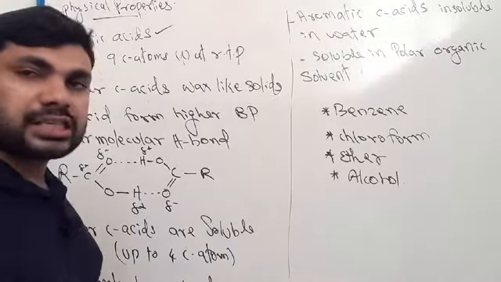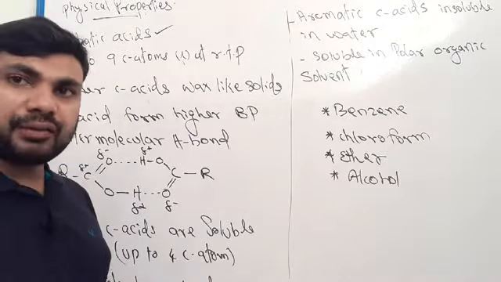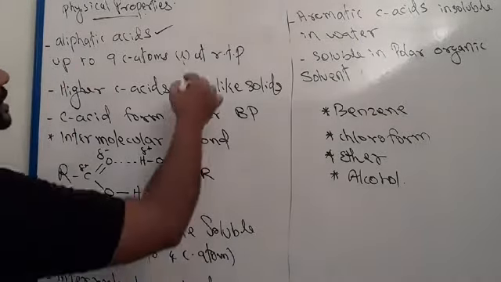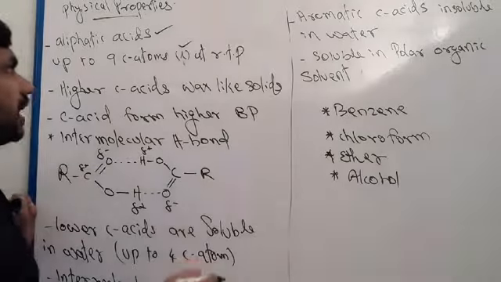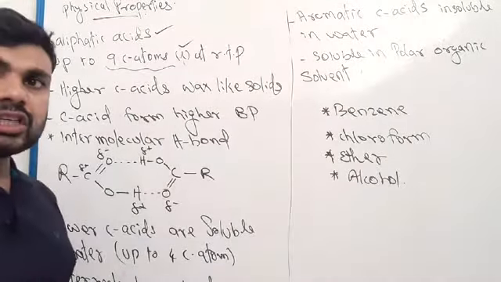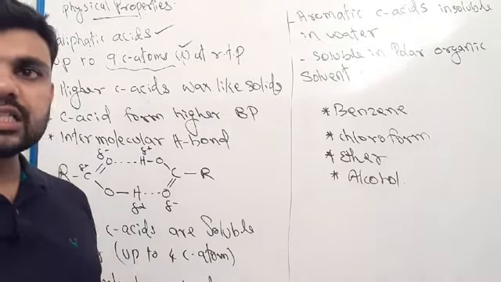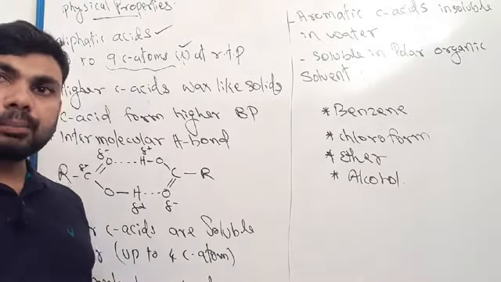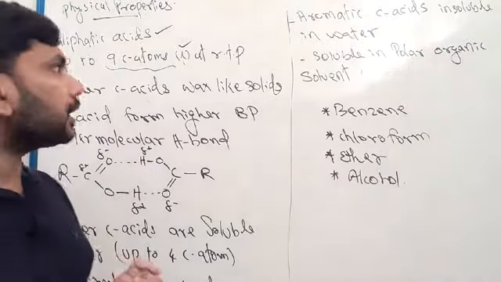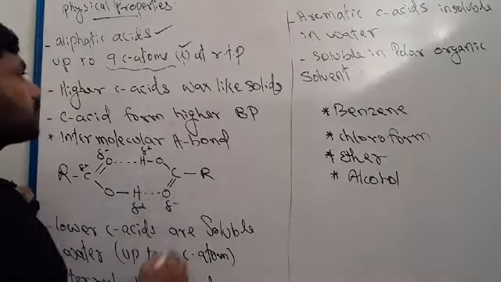Okay, acetic acid, methanoic acid, this type of aliphatic acid, they are liquid state. Aliphatic carboxylic acid containing up to 9 carbon atoms are liquid state.